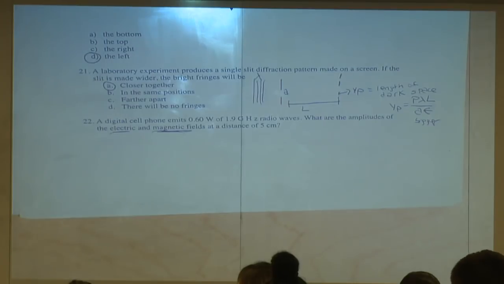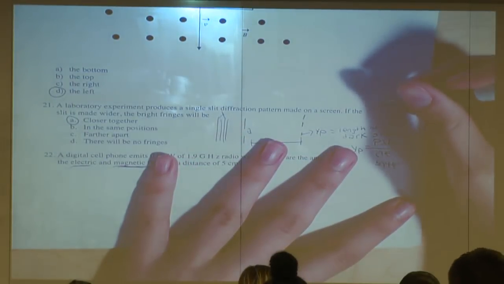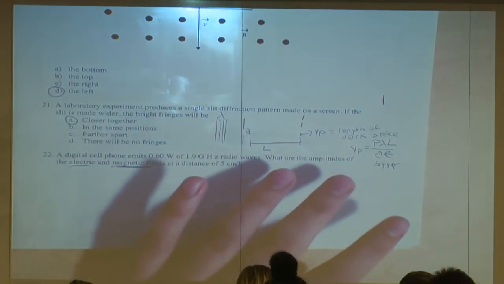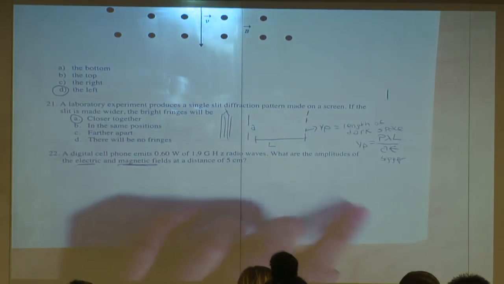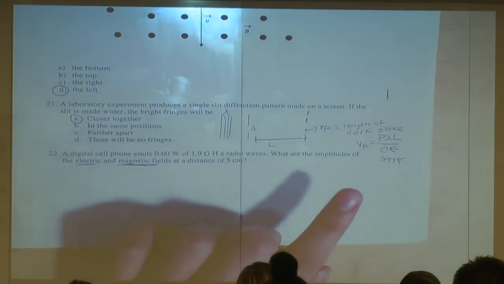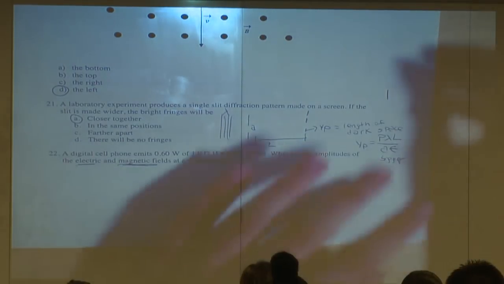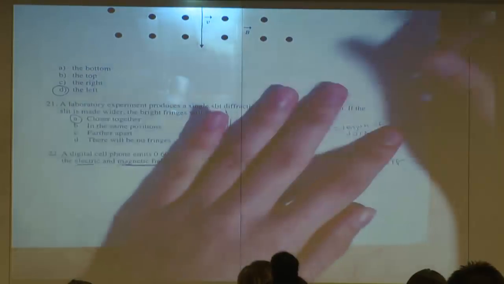YP is the distance between, let's say, two bright fringes. Because A is in the denominator, the bigger the A is, the smaller the YP would be. Right, you are right. So YP is getting smaller, but YP is the distance between the bright fringes. It's hard for me to draw this. I do have colors, I always forget.